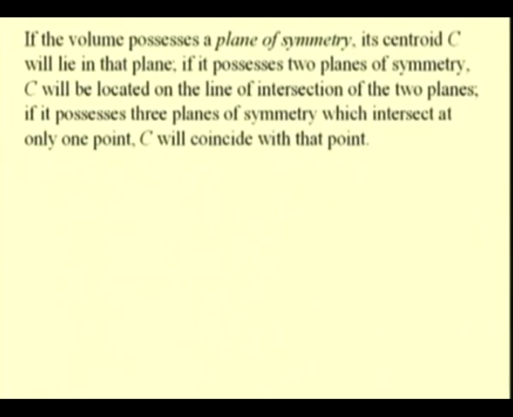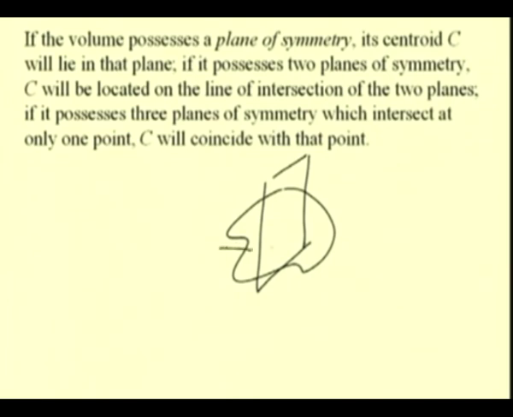let us take an object which has one plane of symmetry, then the centroid lies in this plane, and if it has another plane of symmetry, say this one, then the centroid lies along the line that is the intersection of these two symmetrical planes, say P1 and P2.